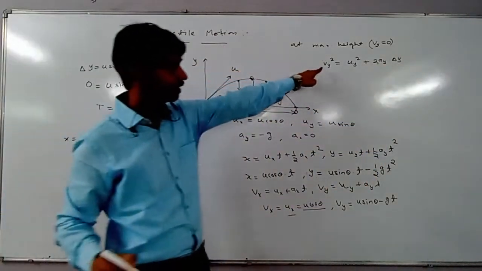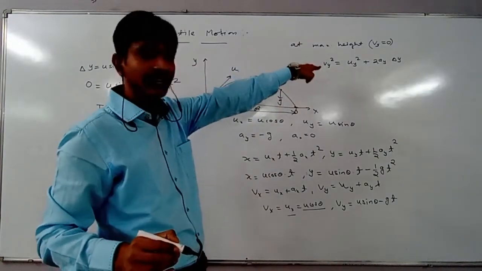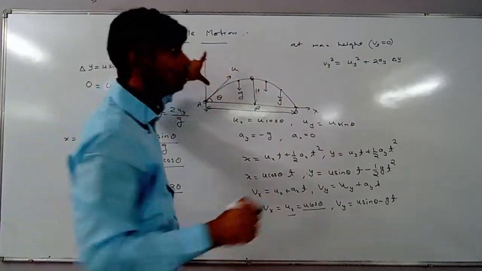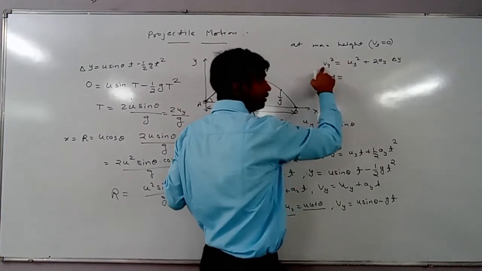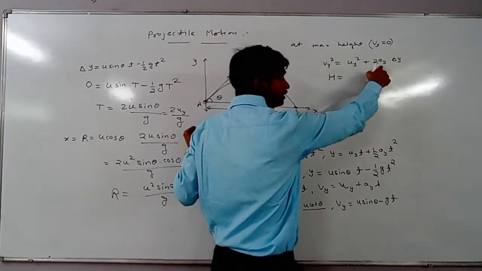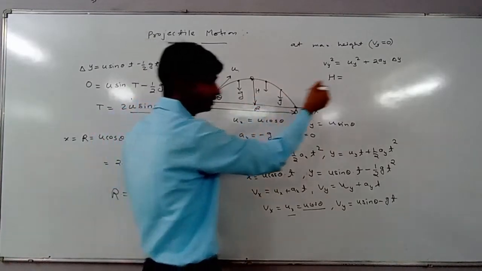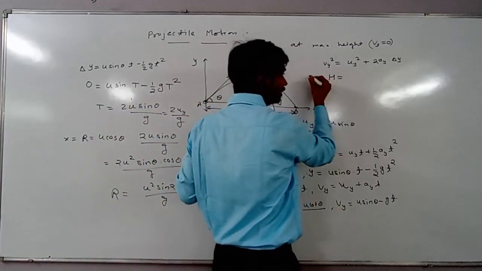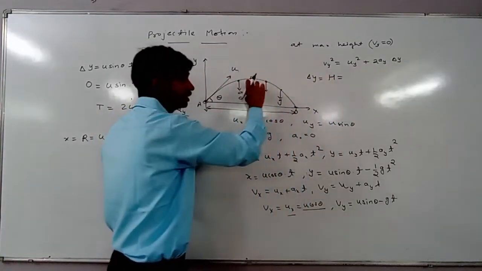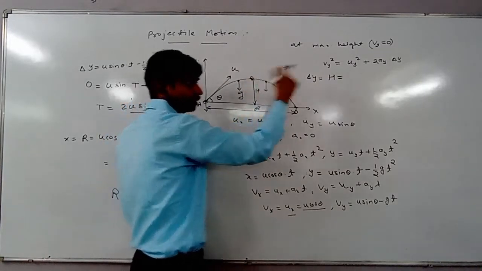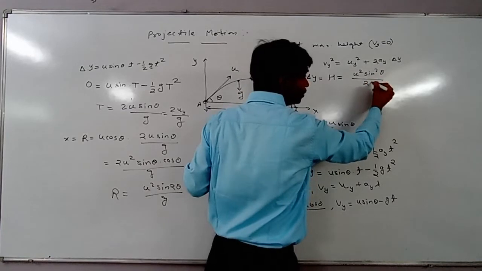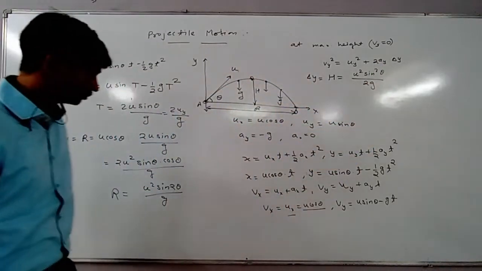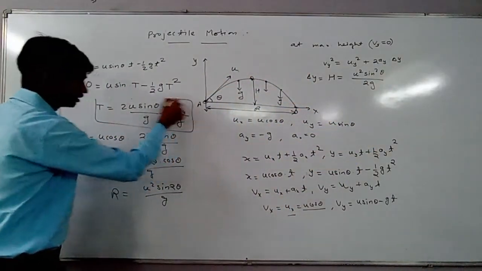This is the best condition you can use to find the value of maximum height. How? Vy has become 0 and ay is minus g. So delta y, that is actually H for this condition, is u square sin square theta divided by 2g.